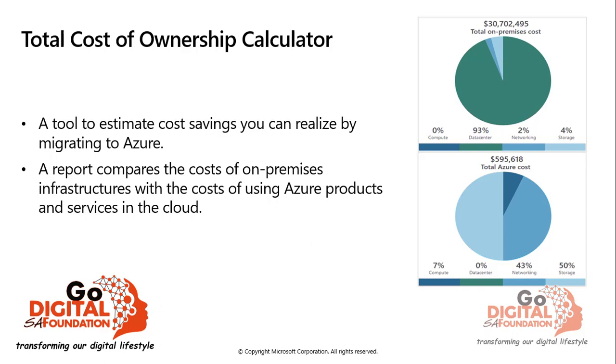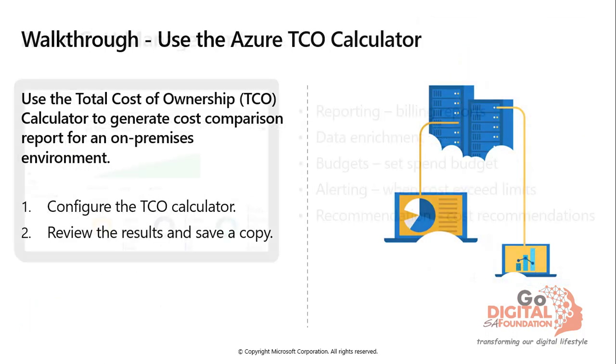You calculate how much you have been spending on-premises and how much you are going to spend using the Azure platform. A report compares the cost of on-premises infrastructure with the cost of using Azure products and services in the cloud. There's also a walkthrough on it.